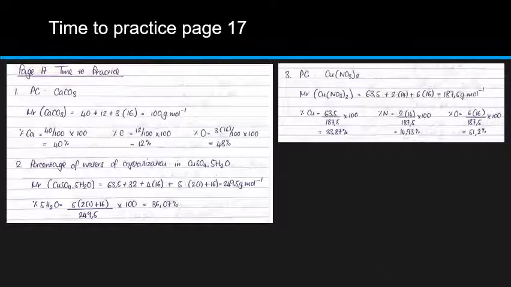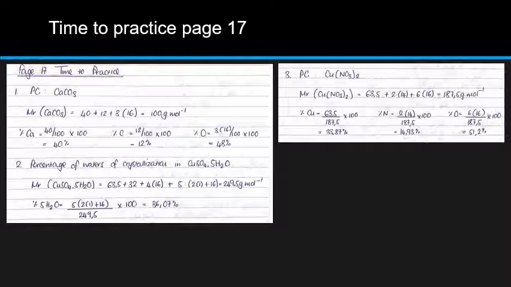At this stage of the game, most of you should have worked all of this out and found it relatively simple. I've written them out by hand, and then I've scanned in the answers and pasted them into these slides. So have a look at how I have written them out. For the first question, it's asking, find the percentage composition of calcium carbonate. That's why I've abbreviated and said PC calcium carbonate.